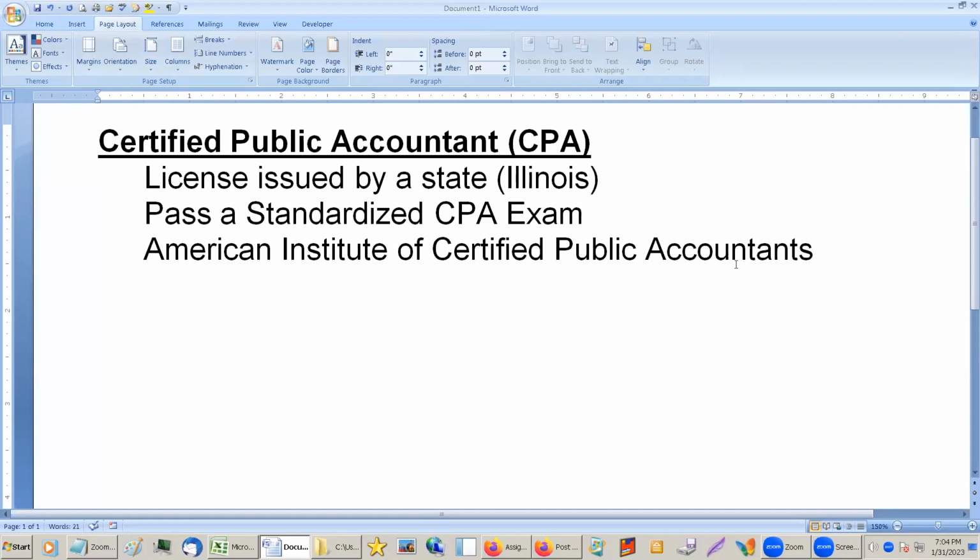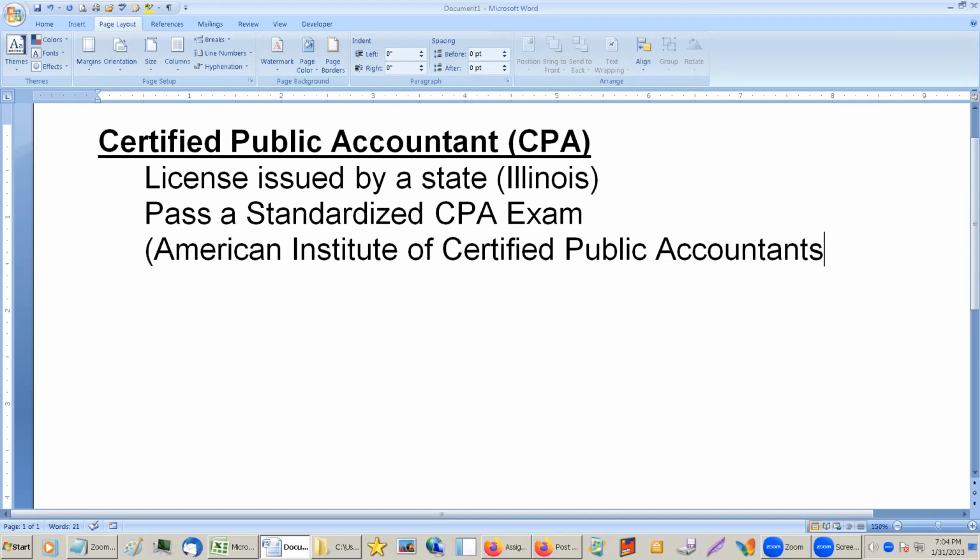They make the CPA exam, and this is just a club. When you pass the CPA exam, they'll ask you if you want to join their club, and you can, or you don't have to. So it's a license issued by a state.